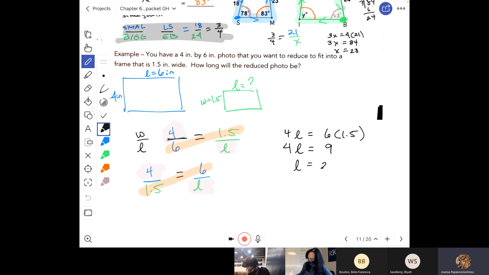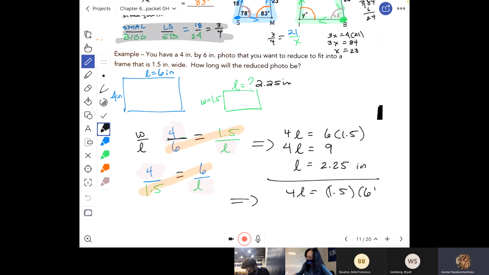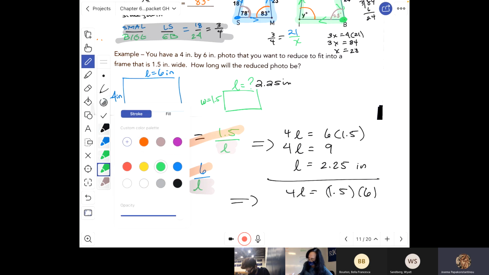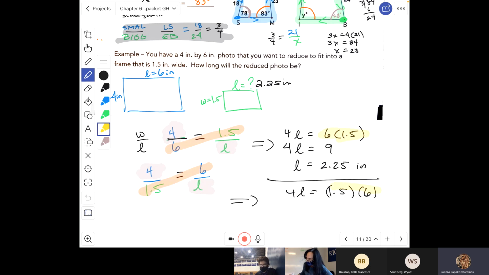So L equals 2.25 inches. But notice if I had done it this way, 4 times L equals 1.5, the commutative property of multiplication is saying that those are equivalent. So I'm going to get the same answer either way I do it.